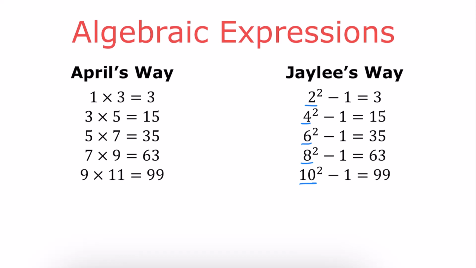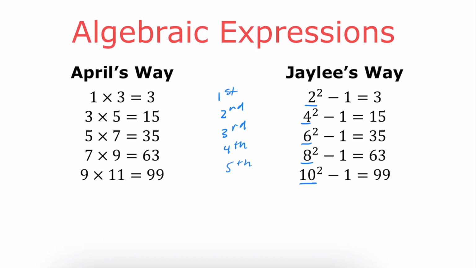I want to be able to write this number in terms of a variable that represents which term number I'm on. So the first term gave us a 3, our second term was a 15, our third term was a 35, the fourth term was a 63, and the fifth term was 99.